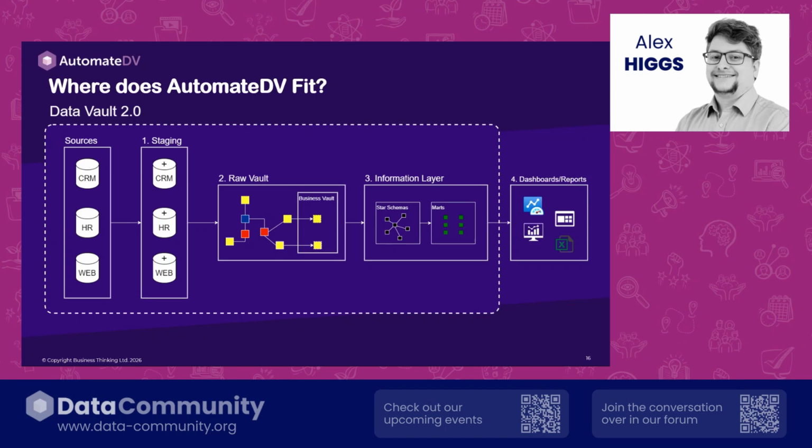This is a standard Data Vault data warehousing architecture. So you've got your sources, your staging, your raw vault, information layer. And AutomateDV essentially fits at stages 1 and 2 here, staging and the raw vault. And DBT essentially covers everything from the staging through to the information layer.